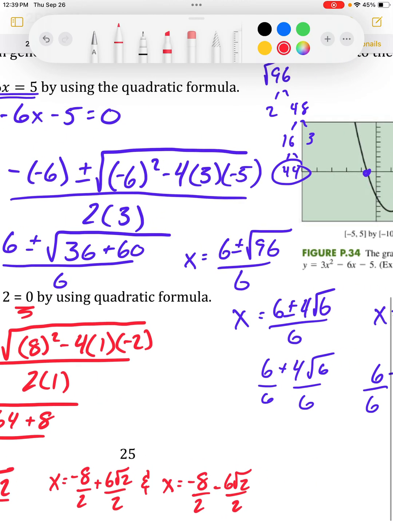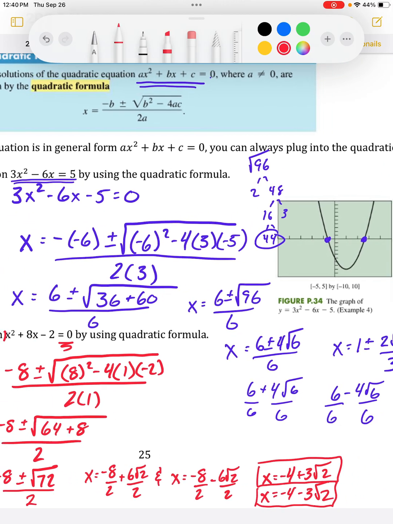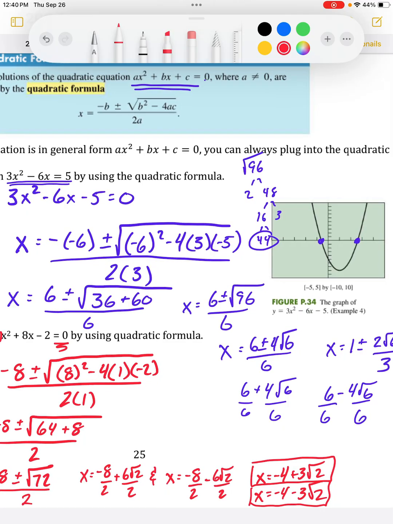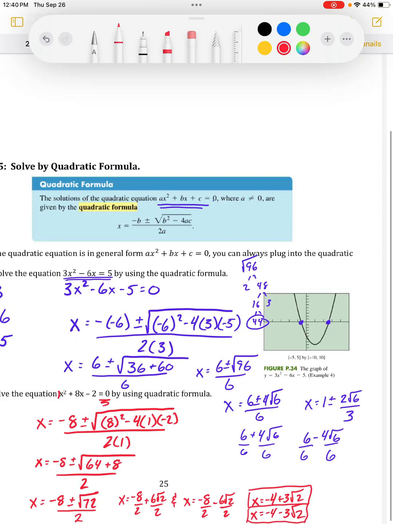So my final two answers would be x equals negative 4 plus 3 root 2 and x equals negative 4 minus 3 root 2. The hardest part about this is going to be the last step where we're breaking it down and dealing with roots.